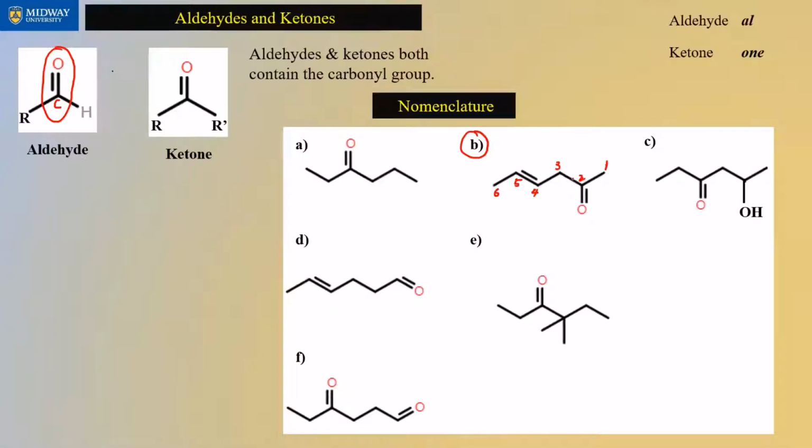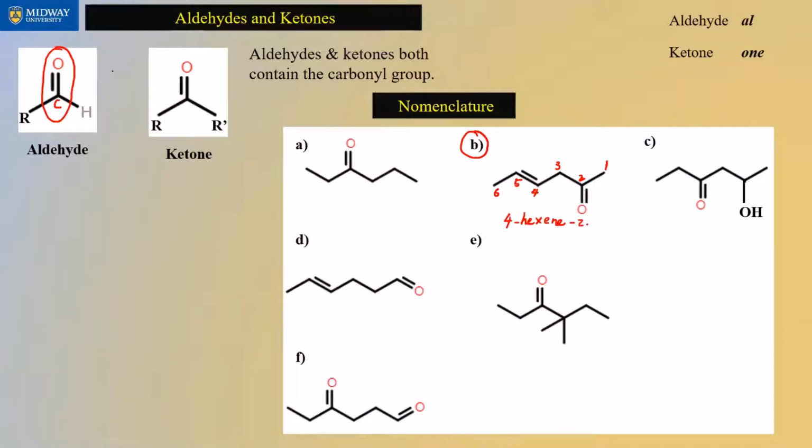So now we know that from our priority chart, the ketone group is a higher priority group over a double bond. We know that double bonds are "enes." We have hexane, so it's hexene, but where the double bond is between 4 and 5, so it's 4-hexene. We have to account for the exact position of the double bond, and that's 2.